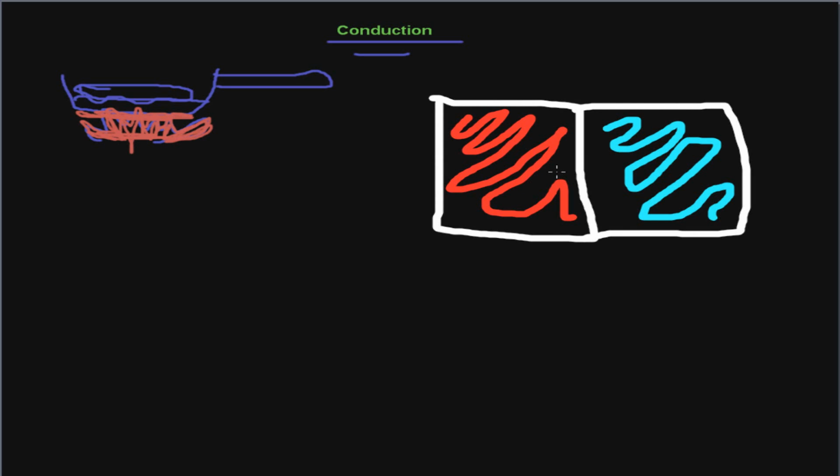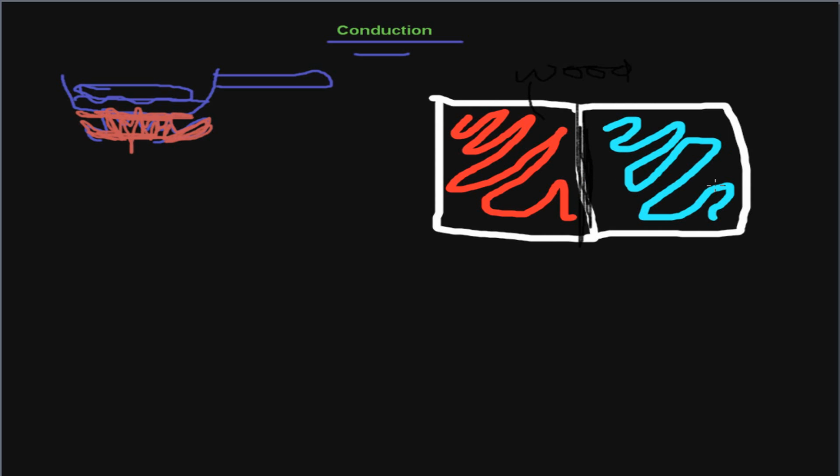Here, the energy from this block of wood, which is quite hot for some reason, is conducted through to the other block, which is cooler.